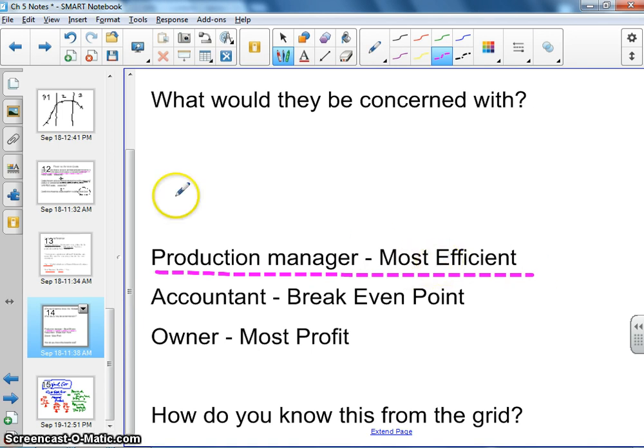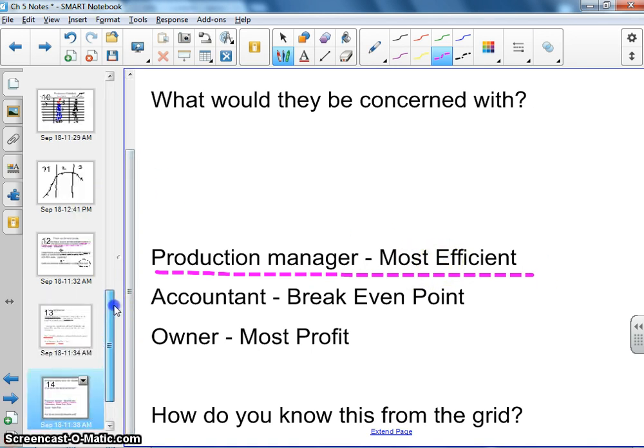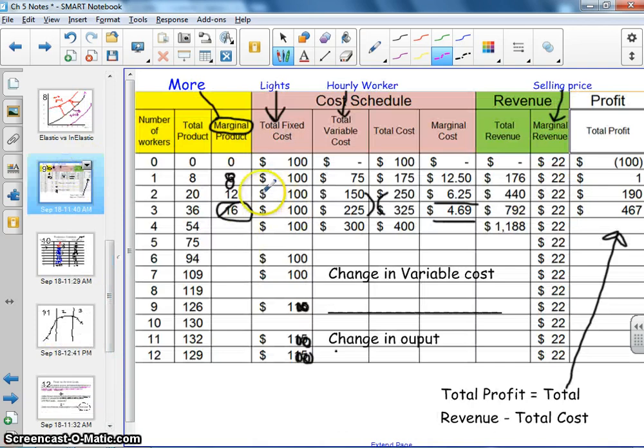If you head back to your grid, as we'd fill this all the way out, wherever our marginal product is the biggest, where adding a new worker gets us the most bang for our buck. Another way of looking at that is where our marginal cost is the lowest. Marginal product the largest or marginal cost the lowest is going to tell us where we are working the most efficiently.